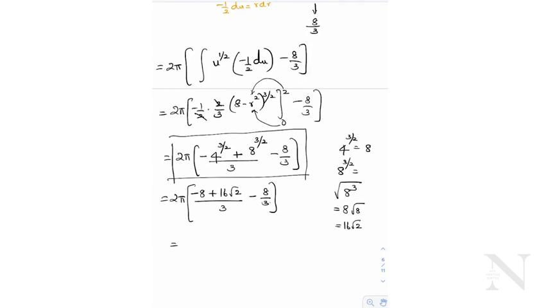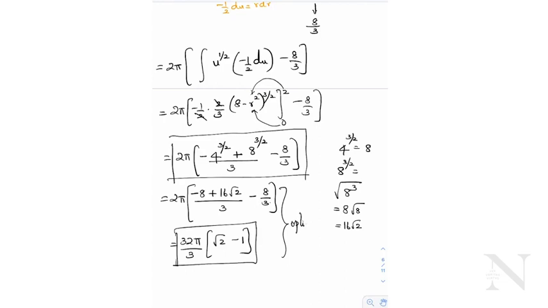So 16 over 3 is actually a common factor. You can pull that out. So that's 32 pi over 3 times the square root of 2 minus 1. The square root of 2 minus 1 is a positive number, so there is no concern that this volume is negative. But again, these two steps are optional.